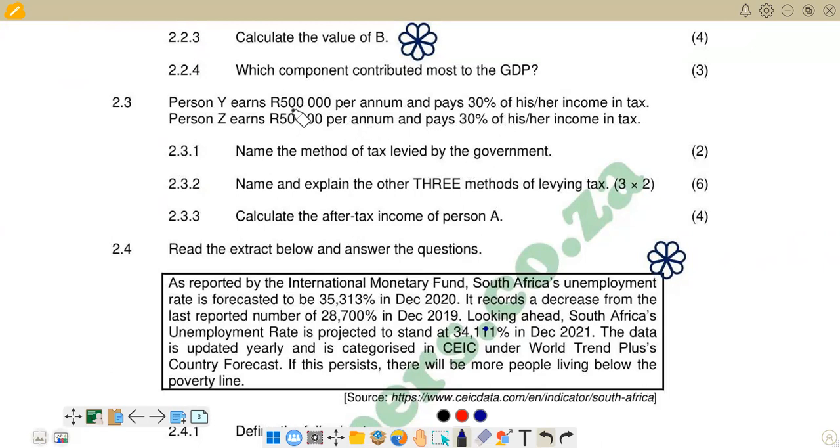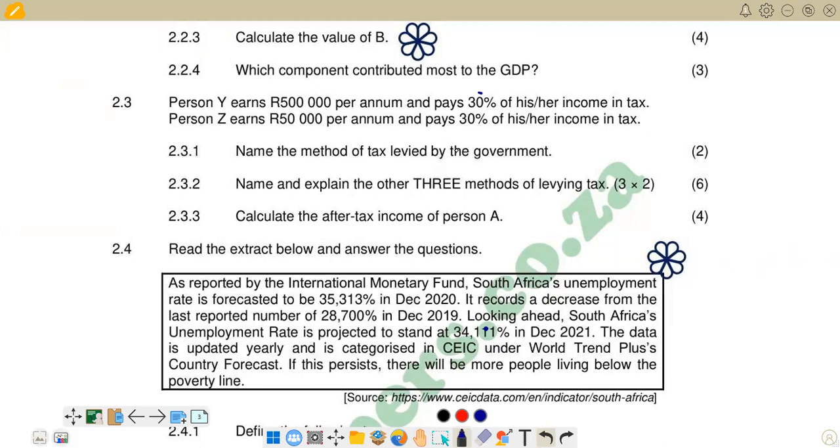We are seeing that a person earning 500,000 is being charged 30%, and then we have also someone earning 50,000 who is also charged the same rate, which is 30%. So we have got the same rate there, regardless of the level of income that a person is earning. So that is the proportional.